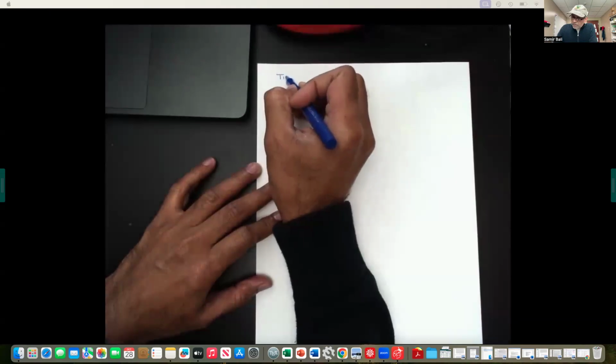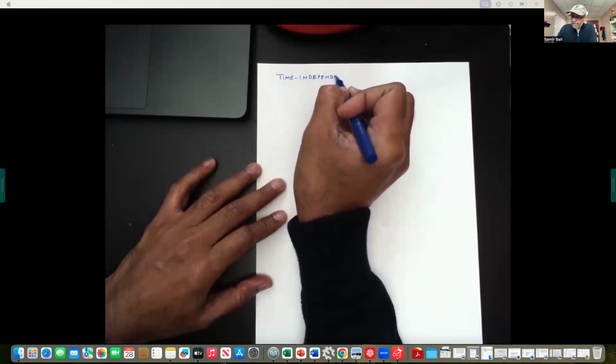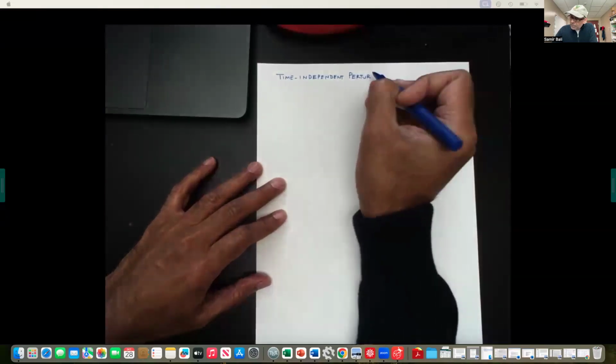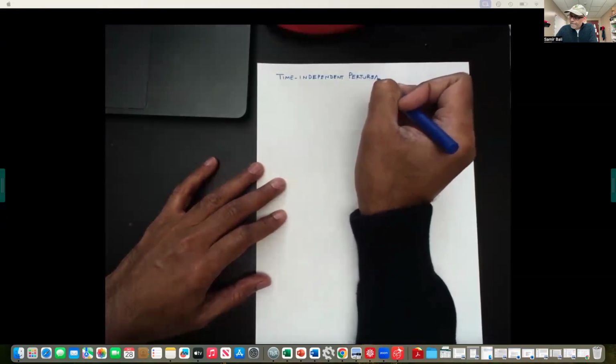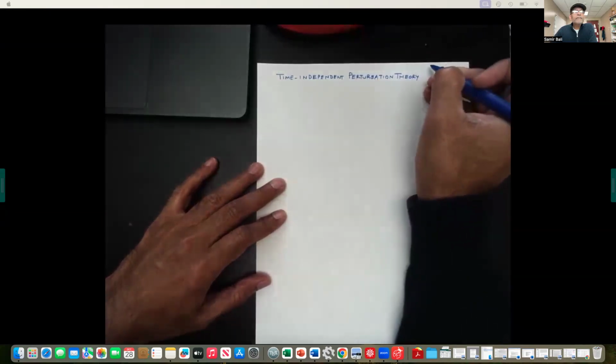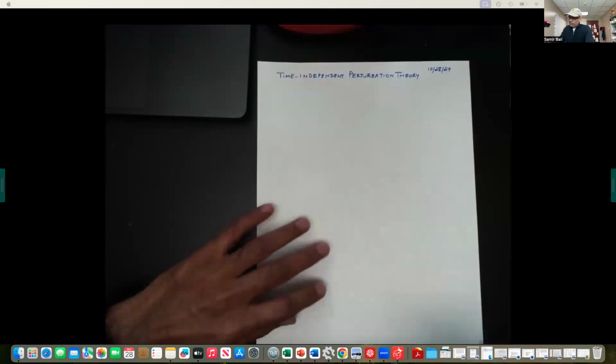So we're going to do time independent perturbation theory. What page was it? So now this is 4.